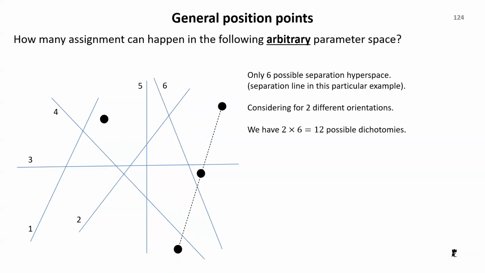If you do all the exercises that we did before, you see we only have 6 possibilities. It's less. So what you see here, for these particular positions, there are only 12 possible dichotomies.